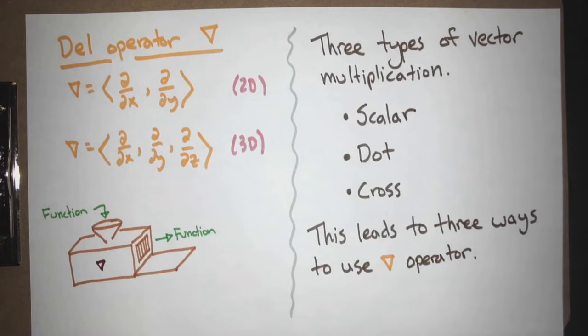Well, it's a vector. There are ways for us to combine vectors together. And in particular, there are 3 types of vector multiplication. There's scalar, which means I multiply a vector by a number. So I'm going to put number in quotes here.